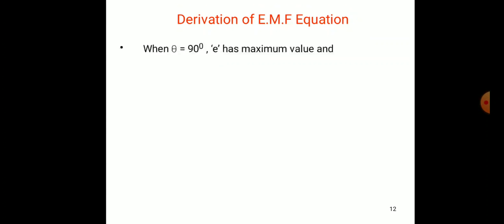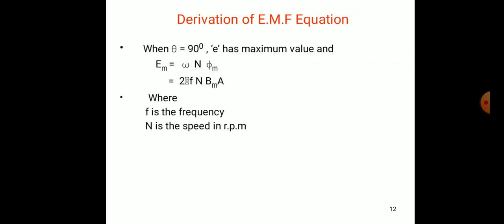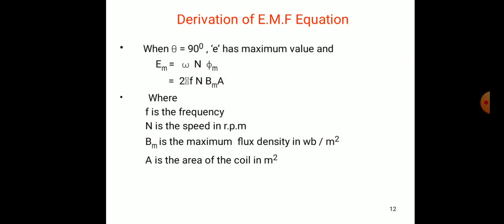When theta is 90 degrees, it has the maximum value, and Em is omega N phi m, which equals 2 pi f N phi m, that is, 2 pi f N Bm A. Here f is the frequency, N is the speed in rpm, Bm is the maximum flux density, and A is the area of the coil in square meters. Hence, the equation is e equals Em sin theta.